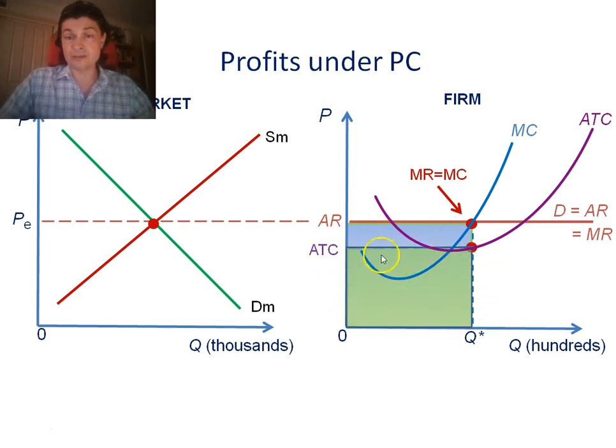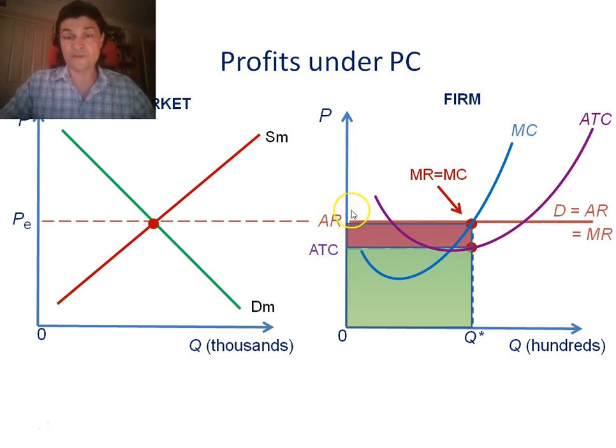The green rectangle is a total cost, because in order to obtain total cost, we can simply multiply our per unit cost by the number of units produced, which is Q star. And that gives us a total cost. Now, the difference between the blue rectangle and the green rectangle is this difference here. We can color it in red.